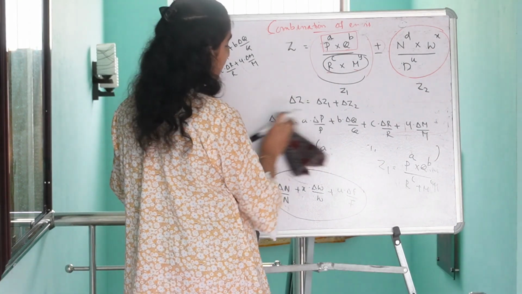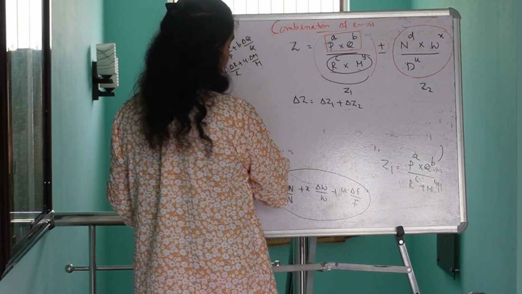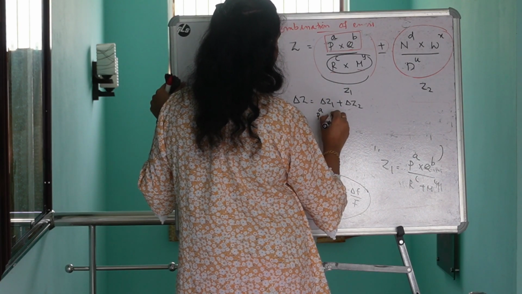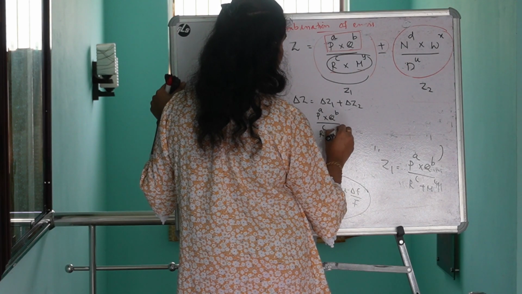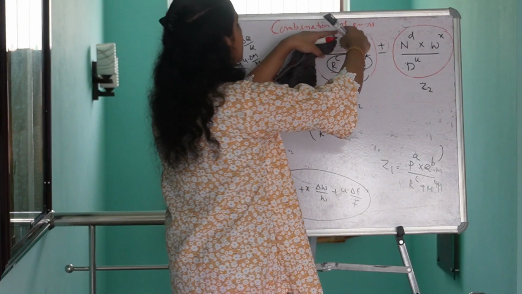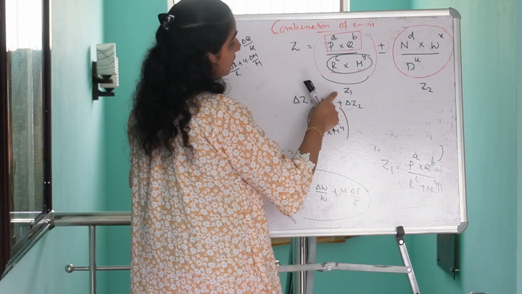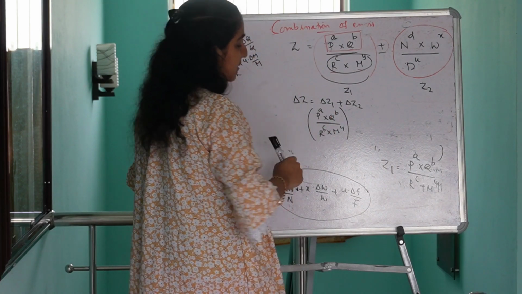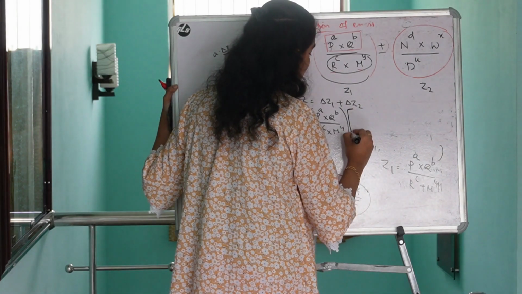So, what is del Z1? We can say del Z1 is equal to, I'll write here, P power A into Q power B divided by R power C into M power Y. This is the value of Z1. We just assumed this whole term as Z1. So what is the value of Z1? Value of Z1 is equal to P power A into Q power B divided by R power C into M power Y. Now, what is del Z1?